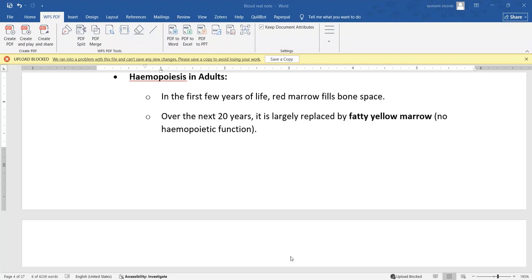These red bone marrow are in specific places. Like I told you, in the spongy bone of the epiphysis you can find the red marrow, and in flat and irregular bones.